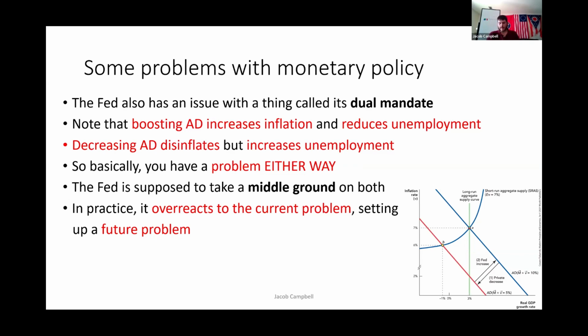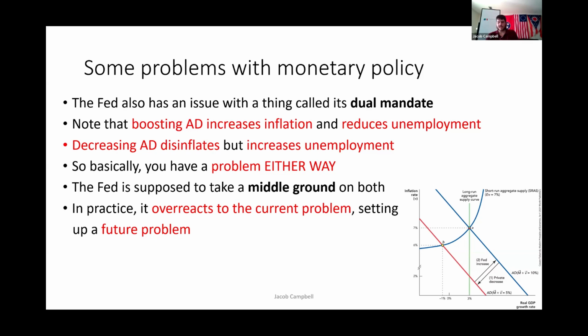But in practice, what the Federal Reserve has tended to do is overreact to the current problem, setting up a future problem. In times when there has been a lot of inflation, like, say, the 1970s or now, they've tended to overly focus on reducing the inflation, which then causes recessions down the line.